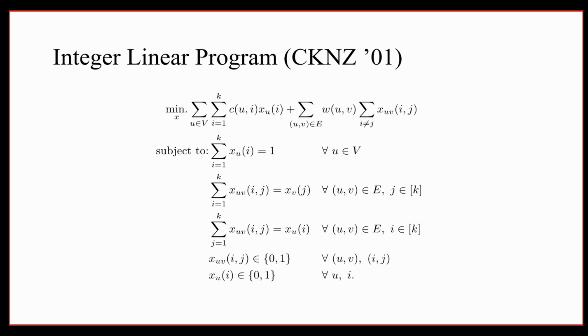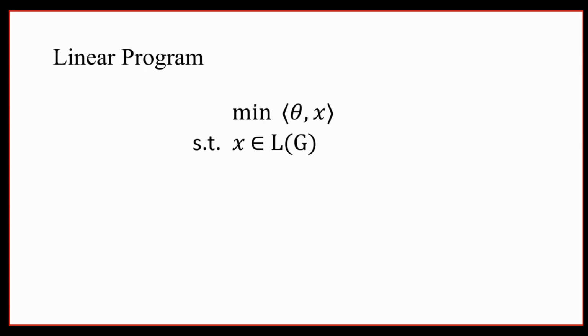But it's not really crucial what this linear program is, because we'll focus on some other aspect. In some sense, this is a simplified version. You can just think of this as a linear program where you have some optimization problem, represented as this inner product of theta and x. This theta is just a long vector which has all the c_u(i)'s and all the w_uv's encoded in it.